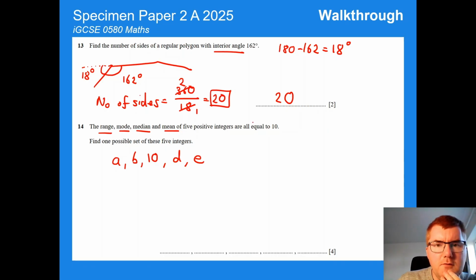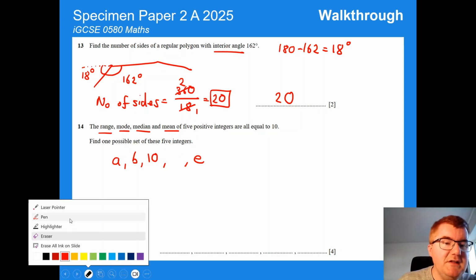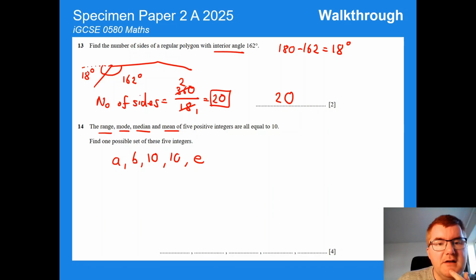The mode also has to be equal to 10, so we need another 10 in there. Could be more than one, but let's just put another 10 in here. That guarantees, as long as I have smaller numbers here and bigger numbers here, that's fine. So we've used mode and median, and we've got range and mean to work with here.